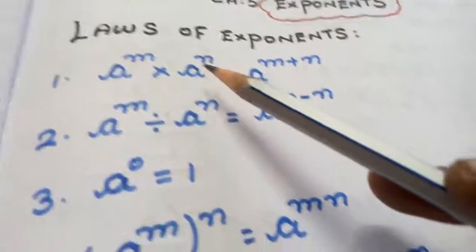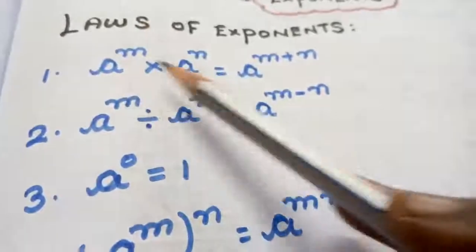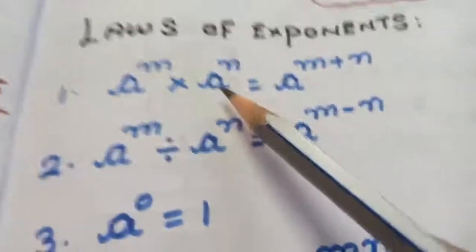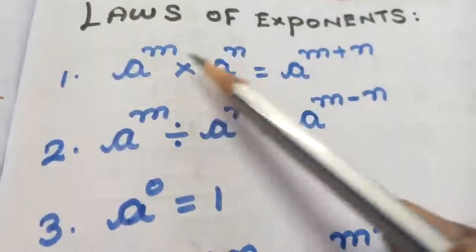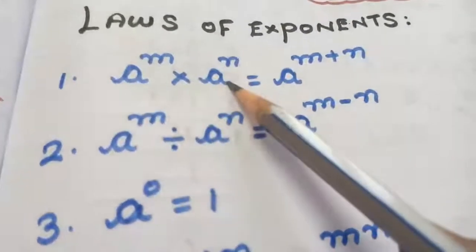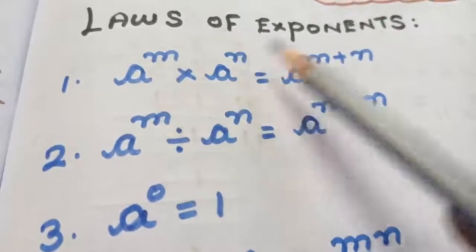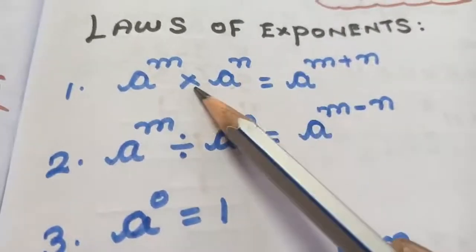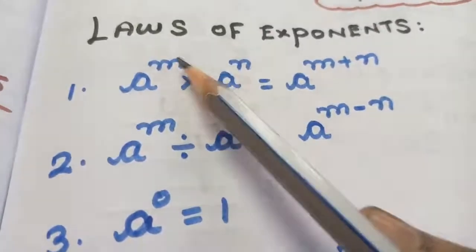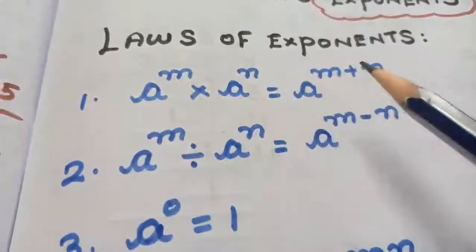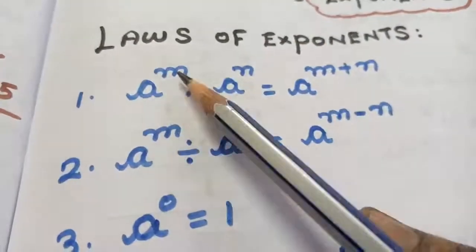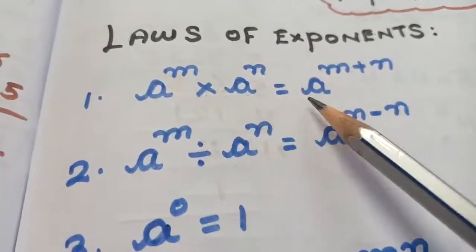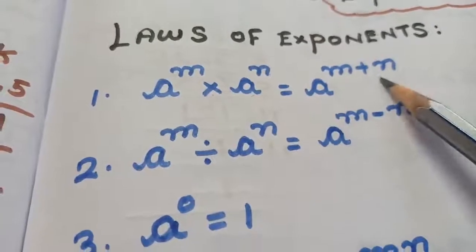Both are numbers, but the position of A is called the base and the top one is called the power or index. When the base is same and power different, I'll be writing that base one time. And what is the symbol here? Multiplication means I'm going to add the power. That is the concept of the sum. So a to the power m into a to the power n means a to the power m plus n.